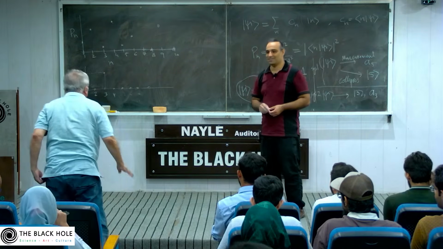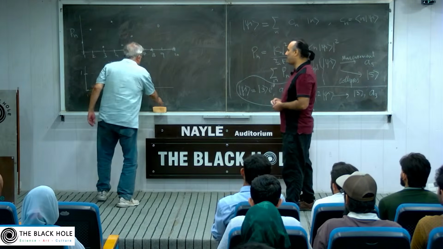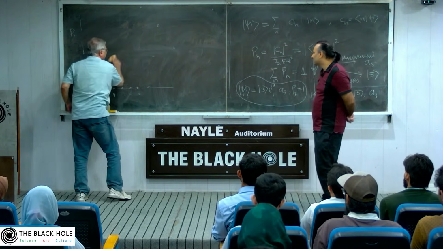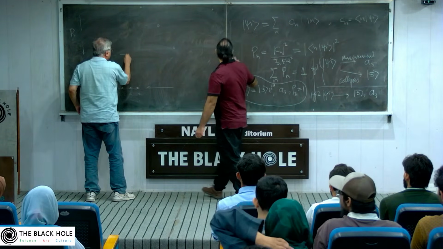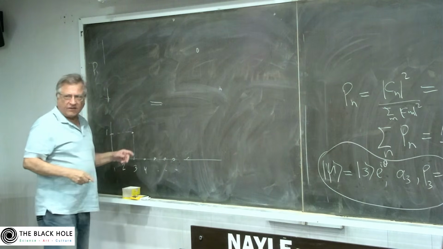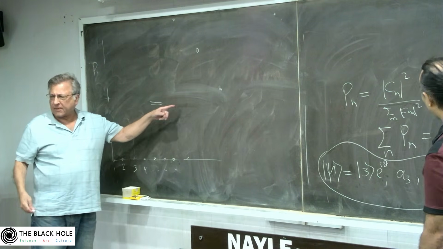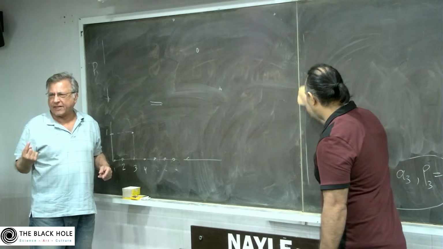So the usual example that is used is the Stern-Gerlach experiment. So you have an electron gun that shoots electrons, and electrons can have only two directions of spin.